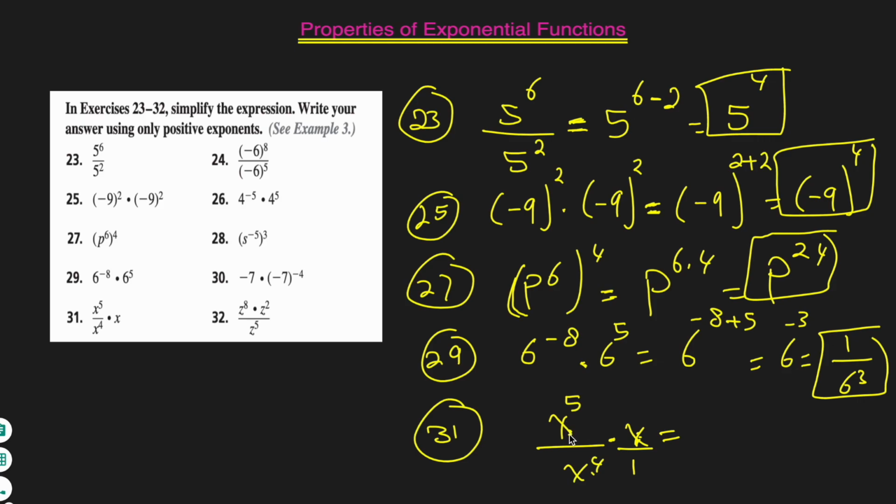So x to the 5 times x to the 1, that will be x to the 5 plus 1, all over x to the 4. So that will be x to the 6th over x to the 4. If we bring the x to the 4 on top, that becomes the quotient rule, which is a subtraction. So it'll be x to the 6 minus 4. 6 minus 4 is 2, so this is going to be x squared.